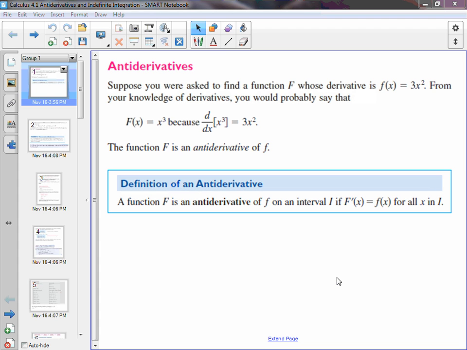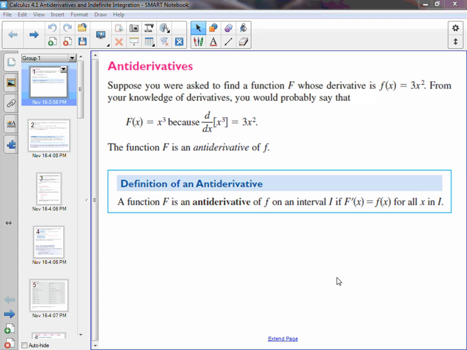We'll see. Suppose you were asked to find a function, capital F, common notation, whose derivative is f of x equals 3x squared. From your knowledge of derivatives, you would probably say that capital F of x, the function whose derivative is 3x squared, is x cubed, because if you took the derivative of x cubed, you'd get 3x squared.